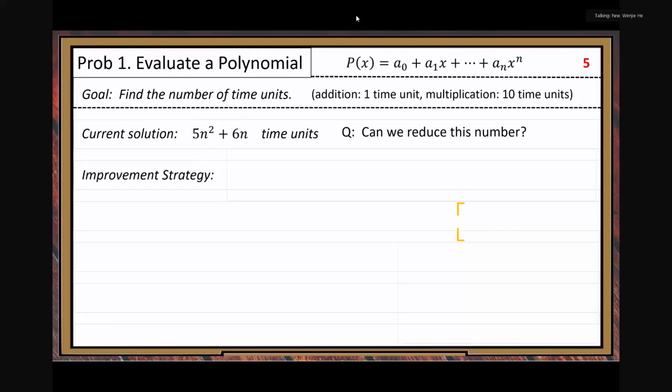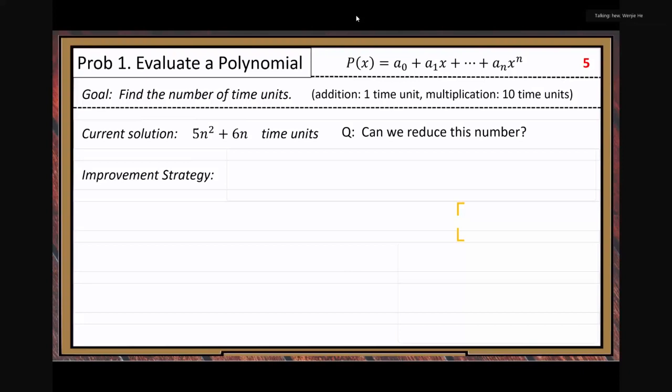Which part do you want to put your precious resource in? How do you improve the multiplication part? Exactly. Here you bring your intuition. Can you explain the reason a little bit? How do we improve the multiplication part? That's another question.